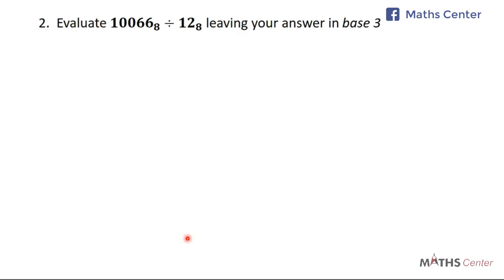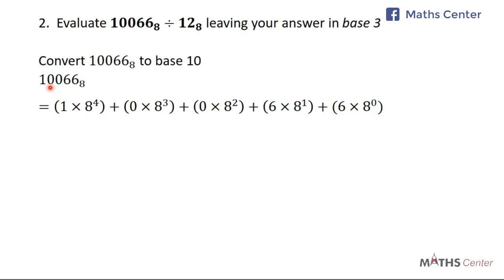So what we have to do is first convert this from base 8 to base 10, since we are doing division. If you convert 10066 base 8 to base 10, you're going to have 1 times 8 exponent 4 plus 0 times 8 exponent 3 plus 0 times 8 exponent 2 plus 6 times 8 exponent 1 plus 6 times 8 exponent 0.